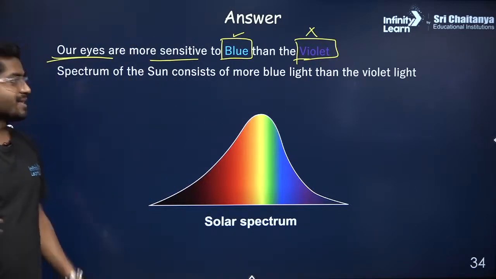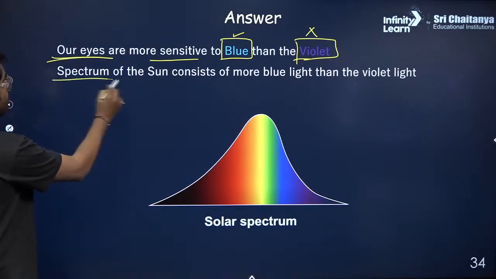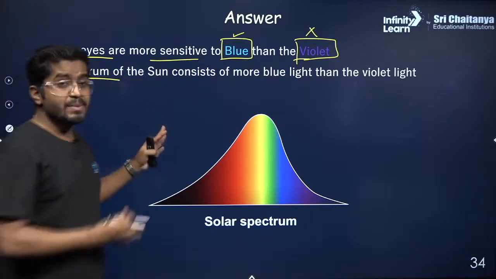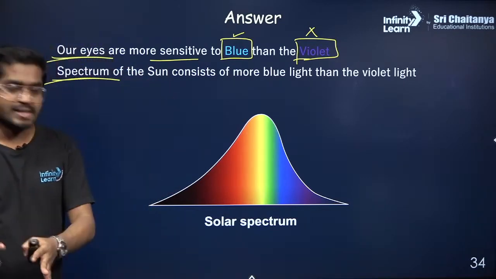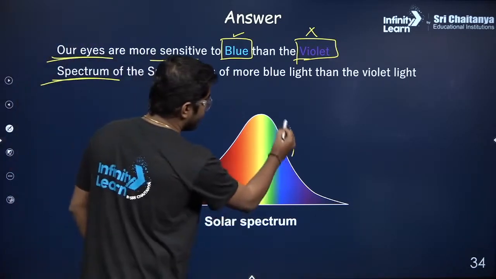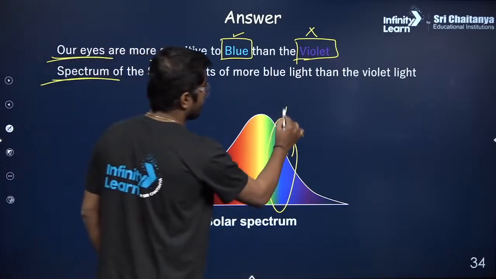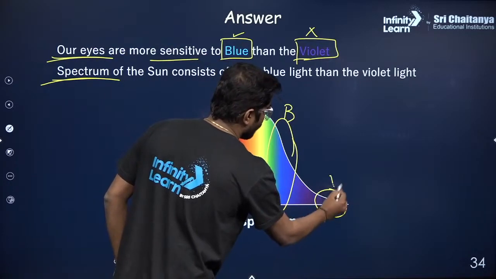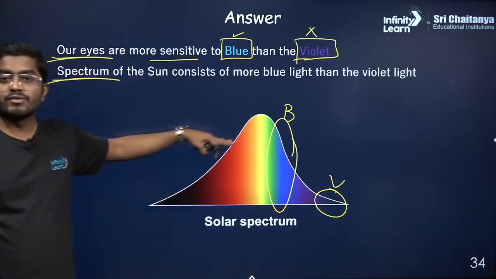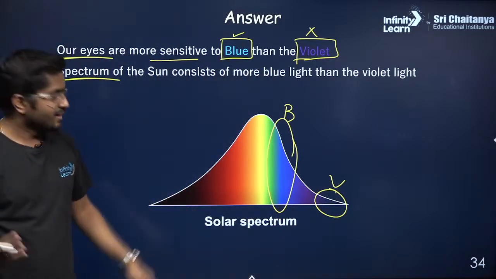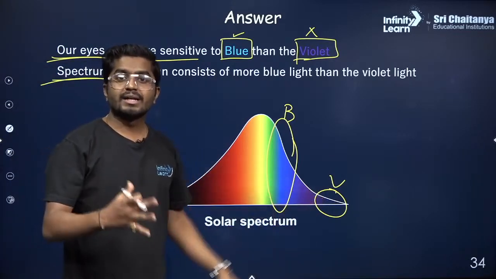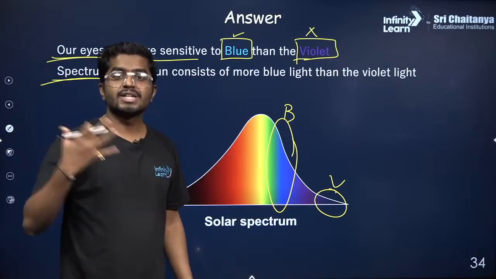And there is a second reason, that the spectrum of the sun, that means all the light that is coming from the sun, there is a blue color and this one is the violet color. The intensity of the blue color is much greater than the violet color. Violet color does not have that much intensity.